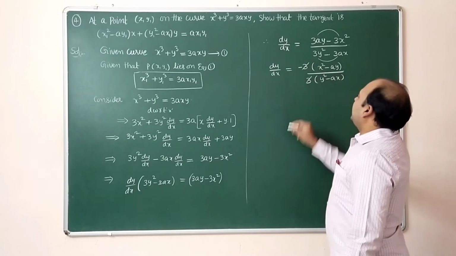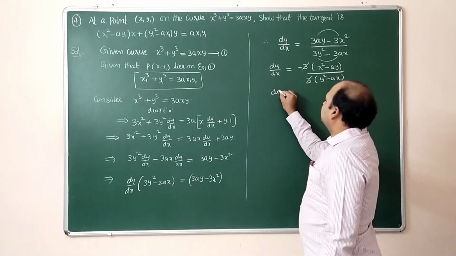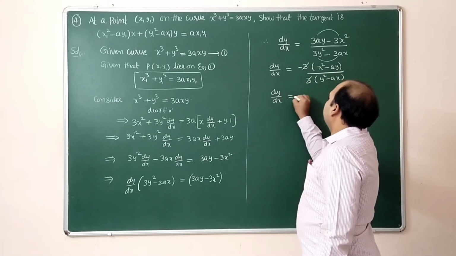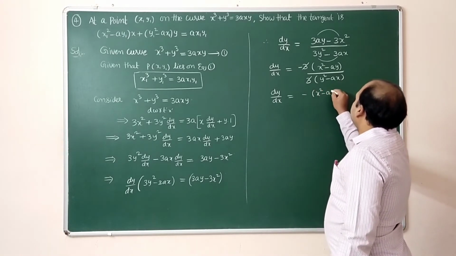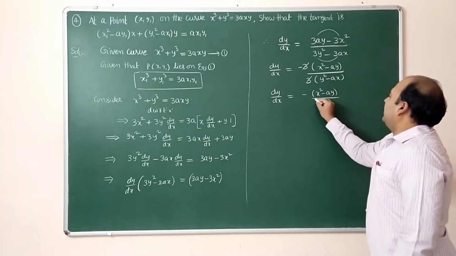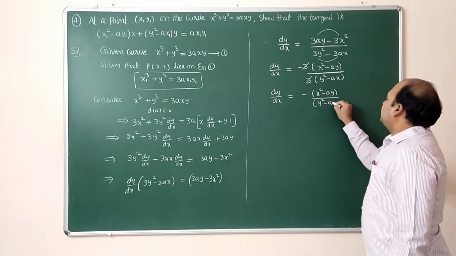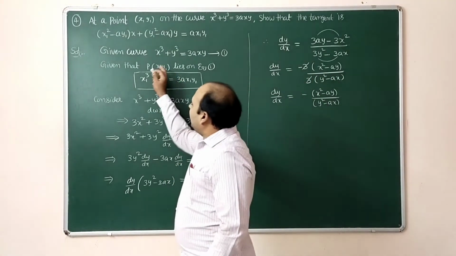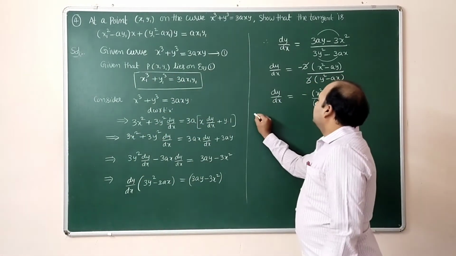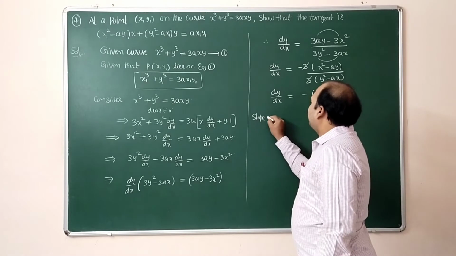So here 3 gets cancelled. dy by dx is equal to minus of (x square minus ay) divided by (y square minus ax). This is the slope of the curve. Slope of the curve at what point can you calculate? At (x1, y1).